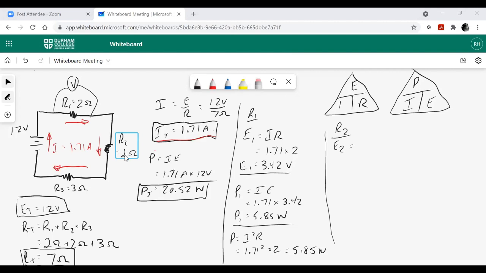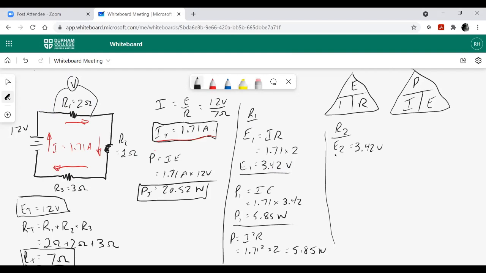If my resistances are the same, and my penmanship is not good, 2. So I had 2 ohms at R1 and 2 ohms at R2. Well, if their resistances are the same, then their voltage drops are going to be the same. So if I drop 3.42 volts at R1, that is what I'm going to drop here too, 3.42 volts.